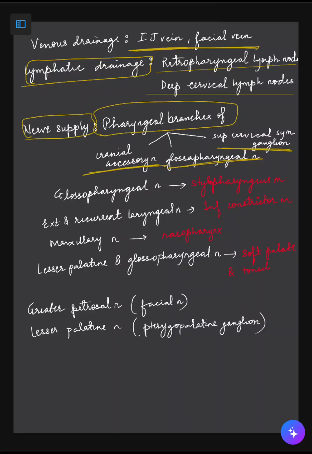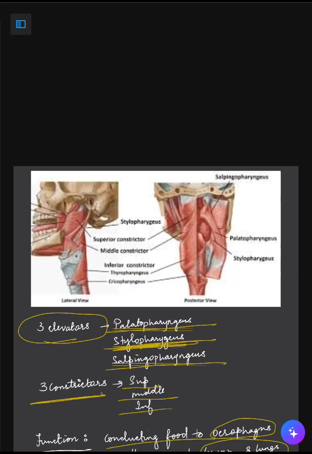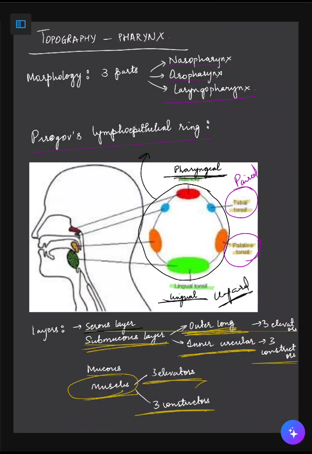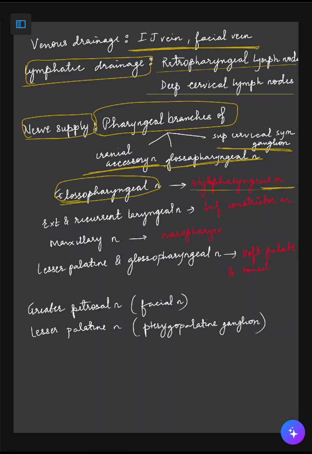Then the stylopharyngeus muscle is supplied by the glossopharyngeal nerve. Now what is the stylopharyngeus muscle? It is an elevator, in the outer longitudinal muscular layer, supplied by the glossopharyngeal nerve.